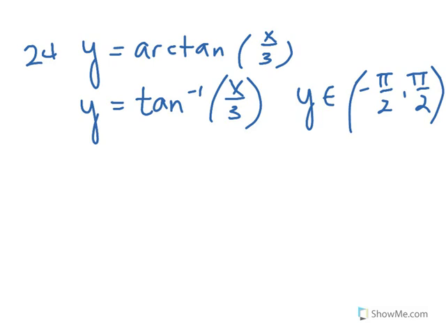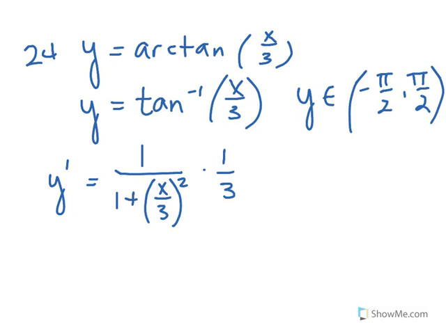The only thing I have to remember here is this is still an application of the chain rule. And we have 1 over 1 plus, careful, x over 3 quantity squared, because that's what our x is in this case. But we also have to remember, this is the step you might forget, to multiply by the derivative of the inside function, which would be 1/3.